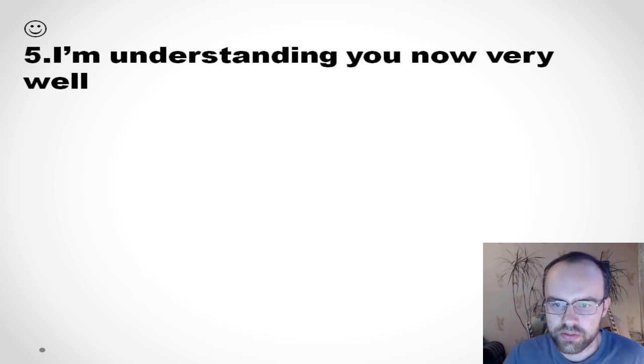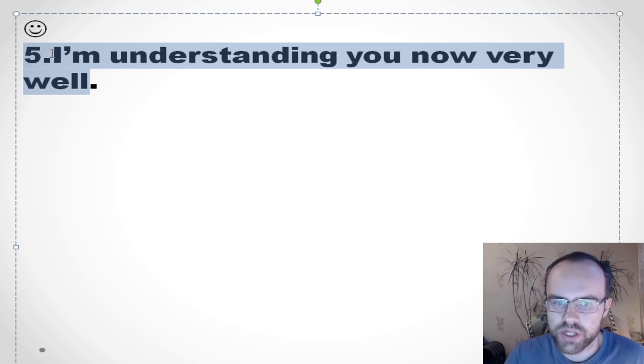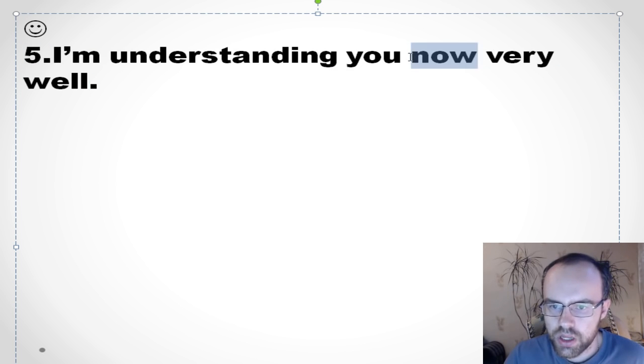I'm understanding you now very well. So, can you say it or not? If not, what's the problem? So, it's wrong. You can't say it. But you see now, and you think, oh, maybe you need to use present continuous. Yes, if you have now, you use present continuous.